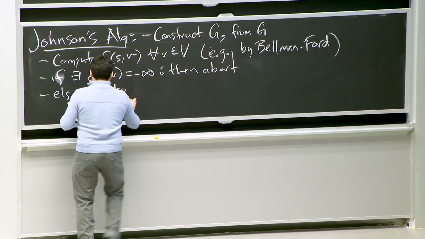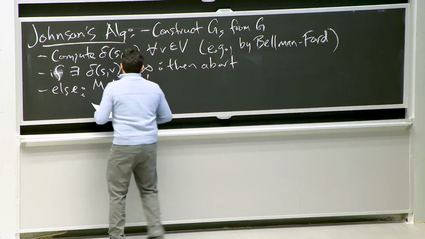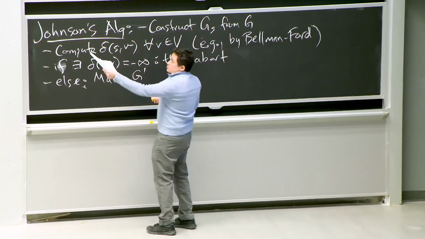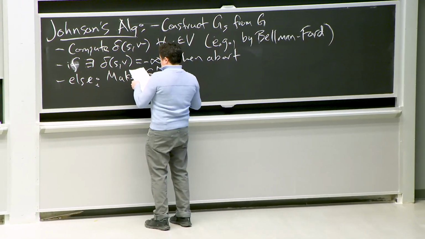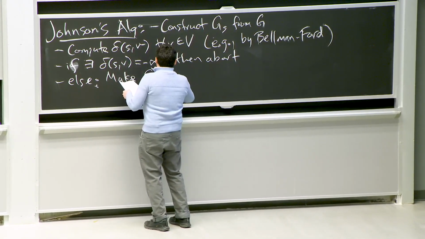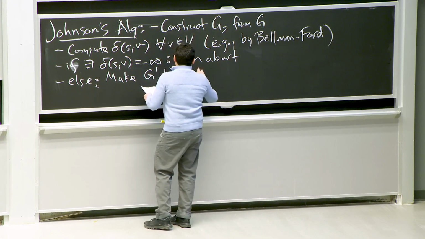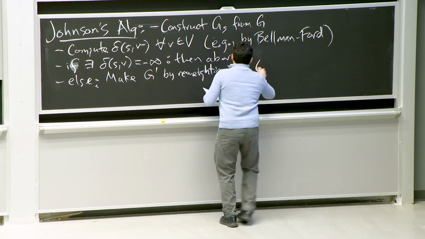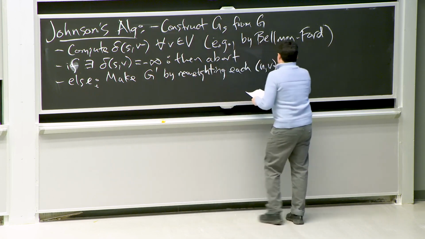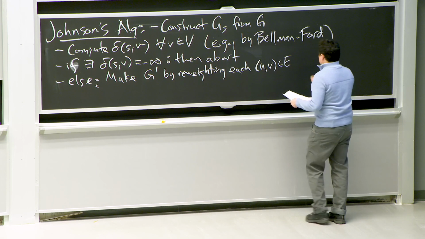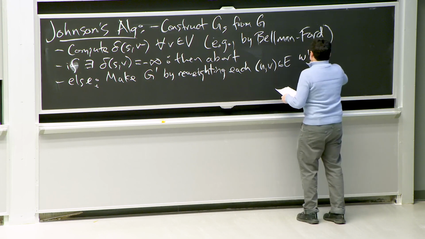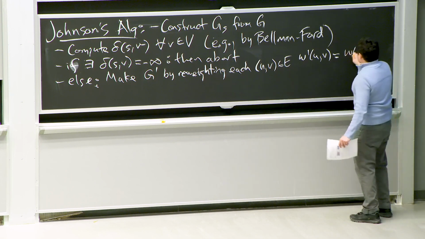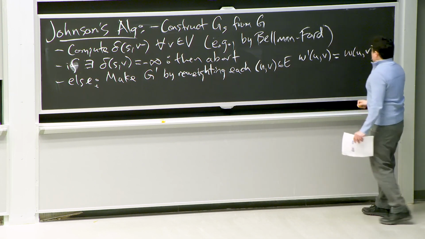Else, we reweight the graph according to this reweighting scheme, right? By reweighting each edge in my original graph to have weight, our new weight, which is our old weight plus our transformation.